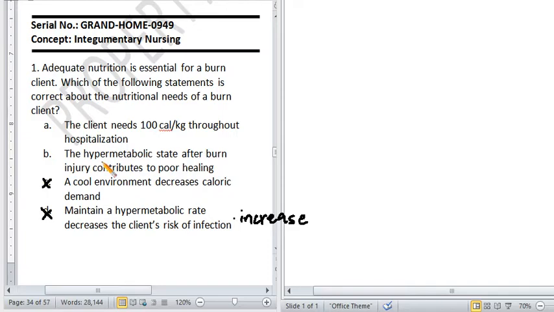So either cold or warm environment, you're stimulating the body to use energy. The patient has experienced burn, therefore you need to conserve that energy. Therefore, the patient should be placed in a normal temperature environment.